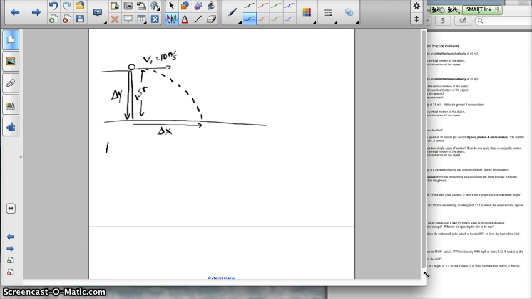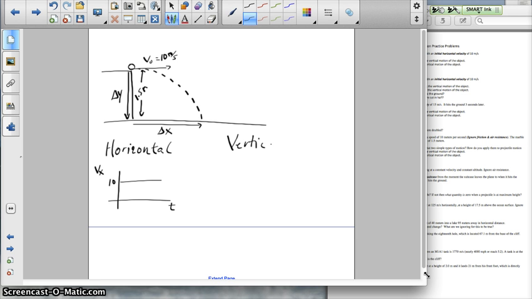So on the left side, I'll write down everything I know about the horizontal motion. If I draw a velocity time graph, it's just going to look like this. 10. That's velocity in the x direction. And I don't know the time it's in the air, so I'm going to leave that alone for now.